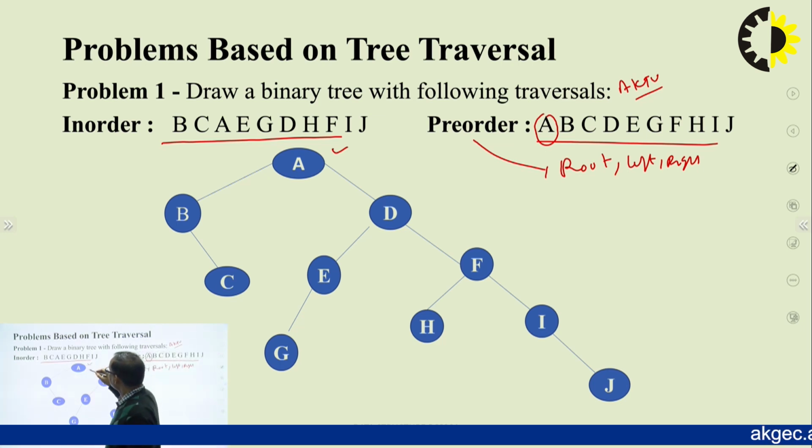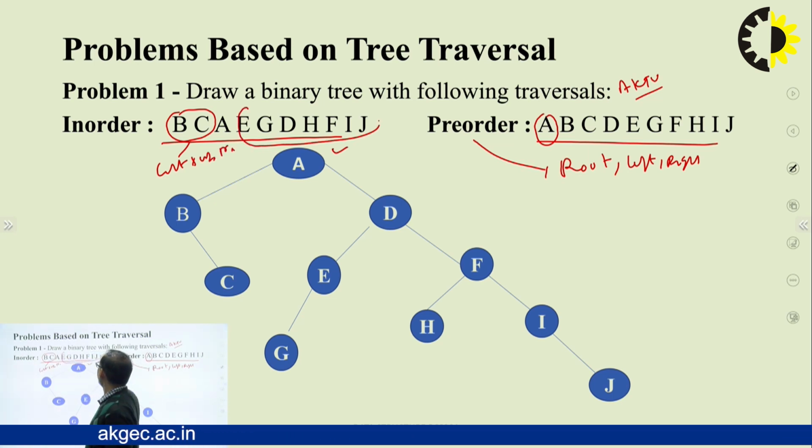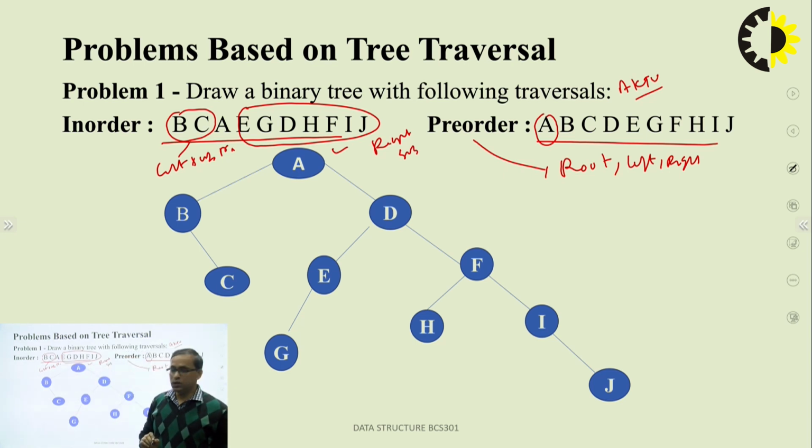In the in order sequence, all the elements which are on the left side will be in the left subtree, and all the elements which are on the right side of the root node will be in the right subtree. So nodes B and C will belong to the left subtree of A, and nodes E, D, G, H, F, I, J will belong to the right subtree of A.